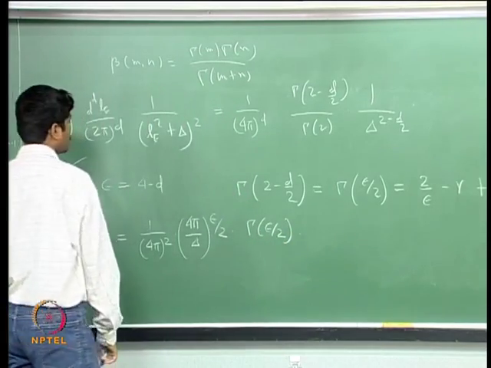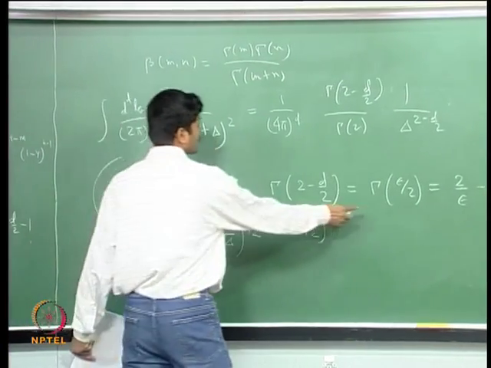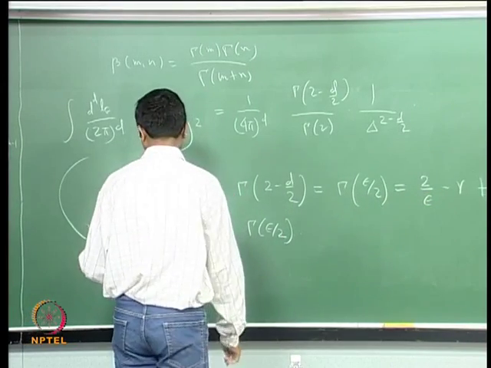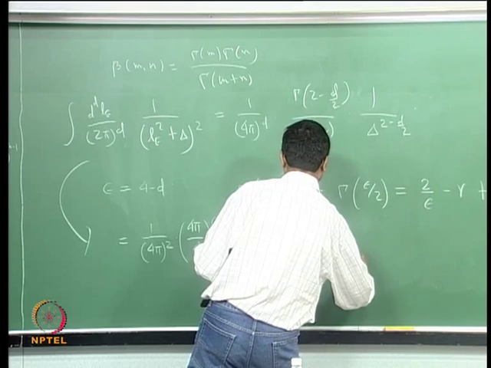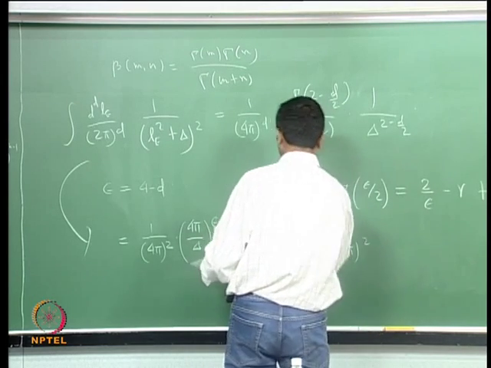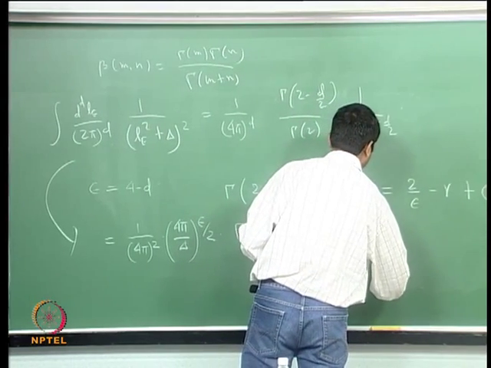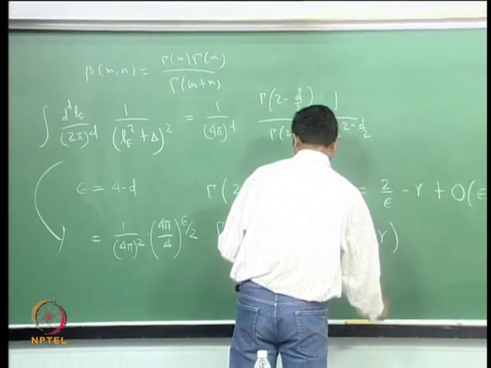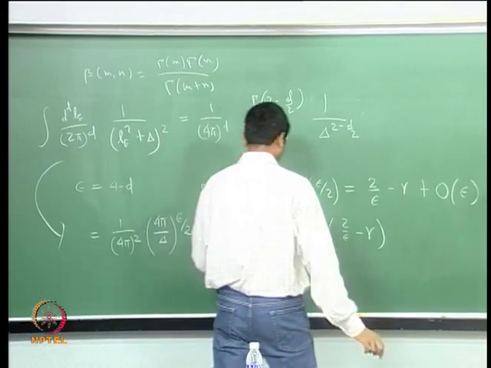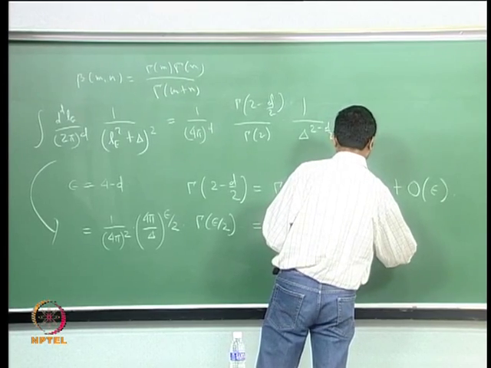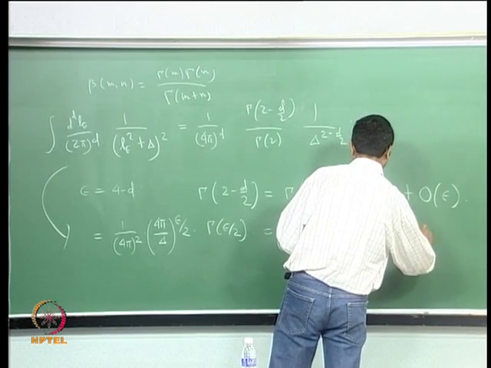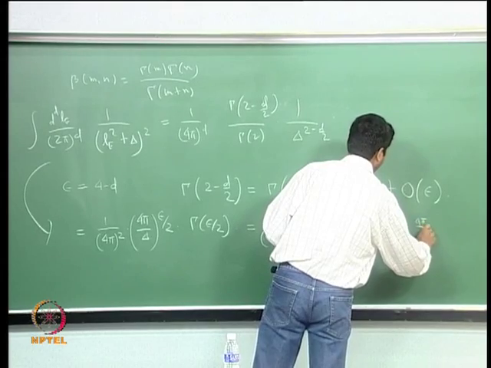Okay. And when I use this expression for gamma of epsilon by 2, what I will get is 1 over 4 pi square times 2 by epsilon minus gamma, and here this one is simply e to the power epsilon by 2 log 4 pi over delta.